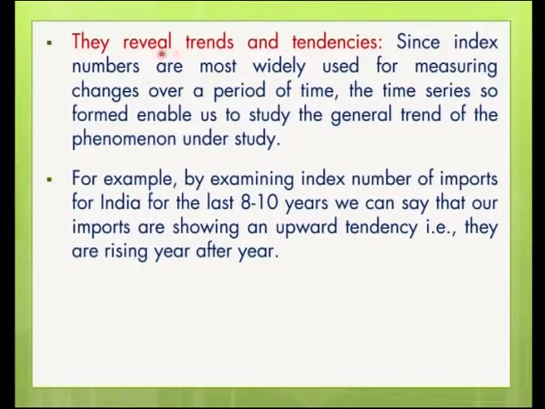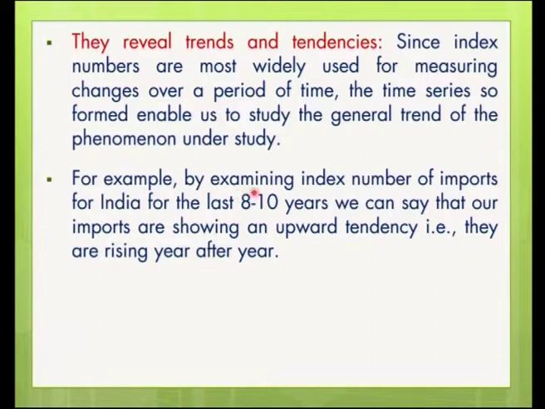The next use for index numbers is they reveal trends and tendencies. Trend is what we have just calculated. Since index numbers are most widely used for measuring changes over a period of time, the time series so formed enables us to study the general trend of the phenomenon under study.